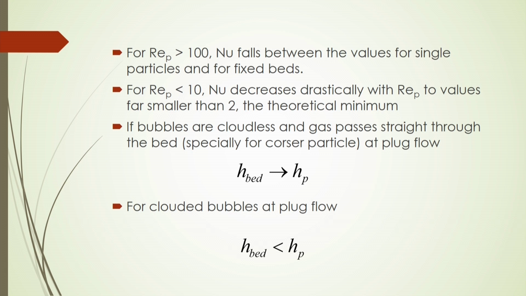it is seen that this Nusselt number decreases drastically with Reynolds number of particle, to values smaller than 2 here, and the theoretical minimum value is shown. If we are considering the bubbling fluidized bed, if bubbles are cloudless and the gas phase passes straight through the bed, especially for the coarser particles at plug flow condition, then you can say that the heat transfer coefficient of the bed will tend to the heat transfer coefficient of the single particles.